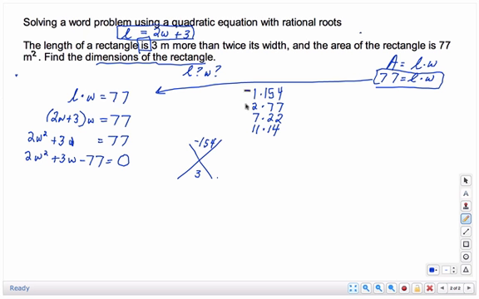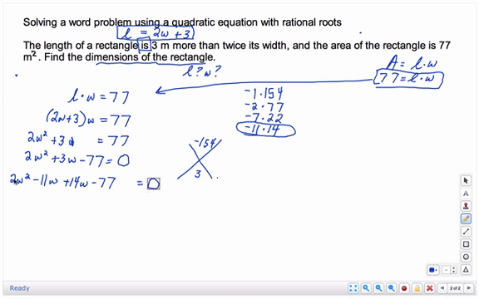My smaller number is going to be the negative. So you can see this is going to be a negative 11 and a positive 14. So I'm going to rewrite this 3W as negative 11W plus 14W. So 2W squared minus 11W plus 14W minus 77, and that's going to equal 0.